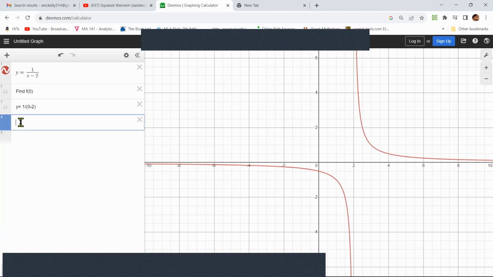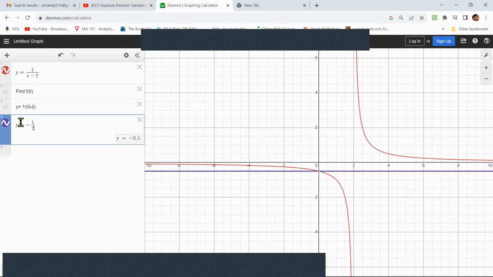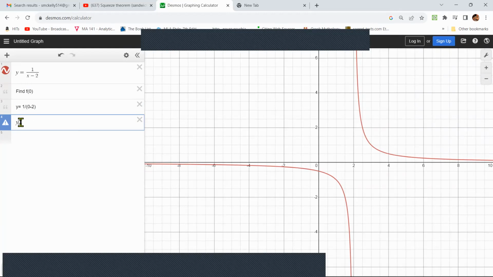That's equal to negative 1/2. Y equals negative 1/2. So this point is 0 and negative 1/2. There's my point right there.